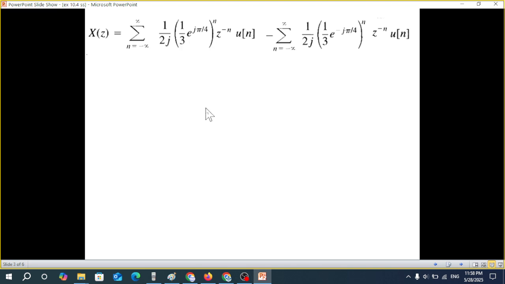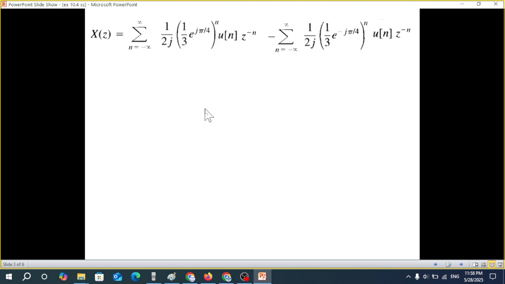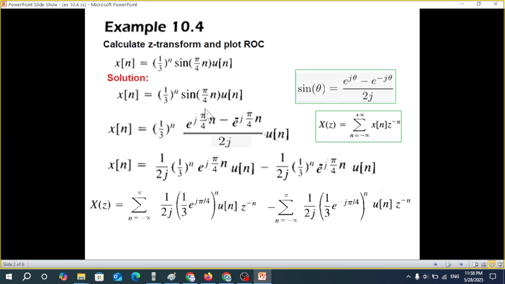Let me go back and make one point: how did we get this? We just took power n common, 1/3 e raised to the power j pi by 4. That is how this term came.